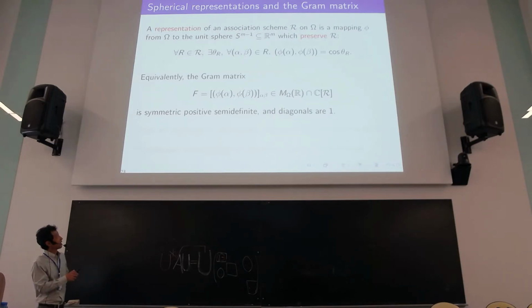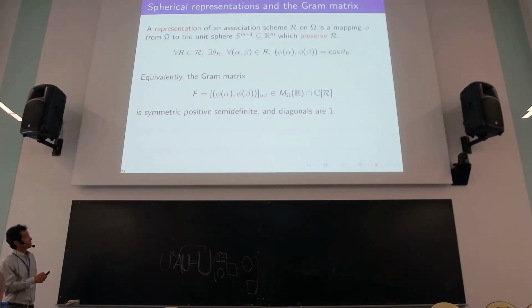So this is a square matrix, indexed by the underlying set omega of the association scheme, whose alpha beta entry is the inner product of phi alpha and phi beta. The values are inner products of unit vectors, so each is between -1 and 1, a real entry.